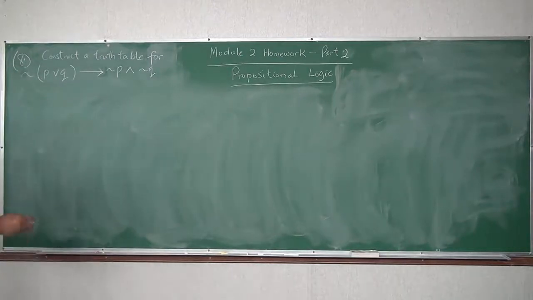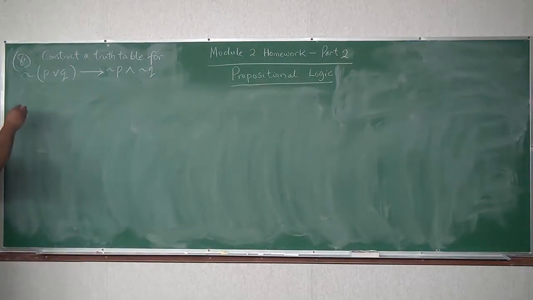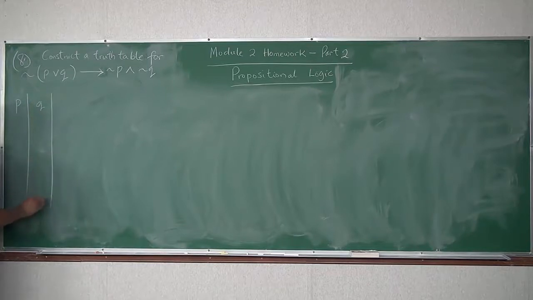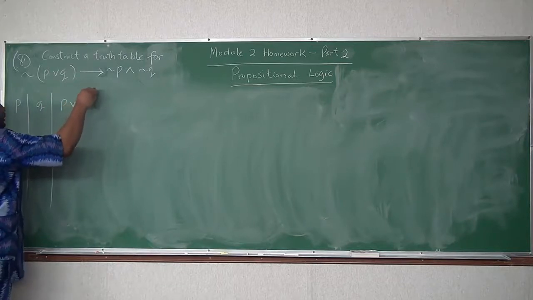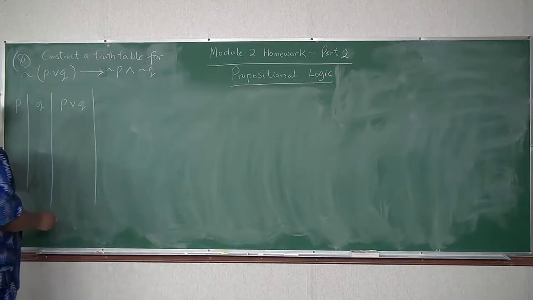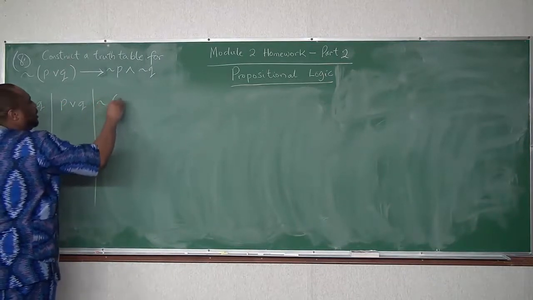Okay, so here we have two statements, so it's 4 possibilities. 2 statements means 4 possibilities. So we have a P, we have a Q, we have P or Q, we have the negation not (P or Q).